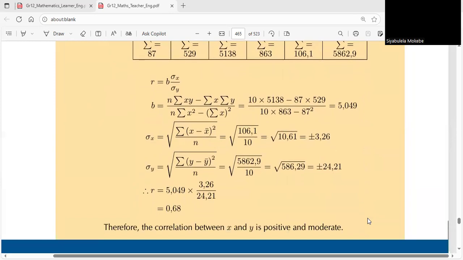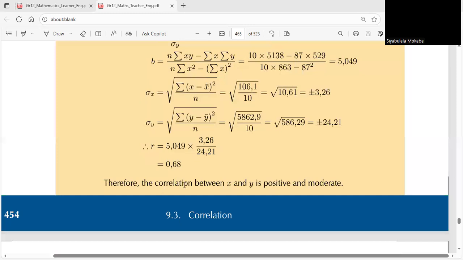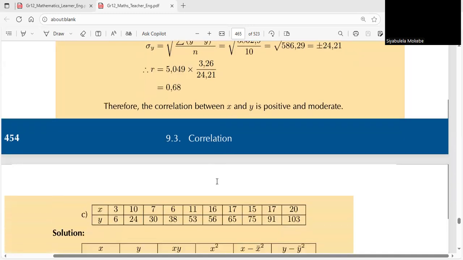Those are some rough calculations. This one is positive and moderate, 0.68.